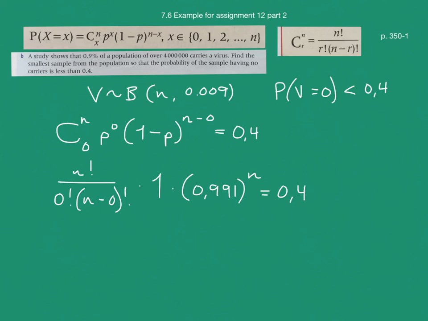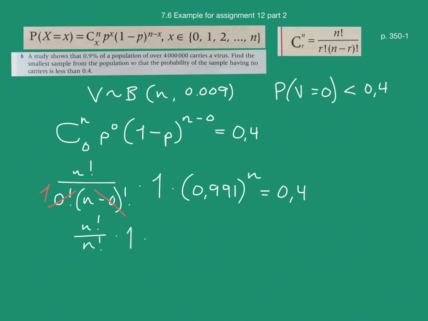Now, we see what happens on the left-hand side here: 0 factorial is just 1, and n minus 0 factorial is just n factorial. So this is quite simply n factorial divided by n factorial, which is going to be 1.